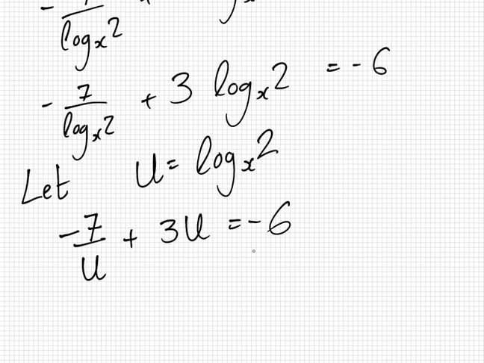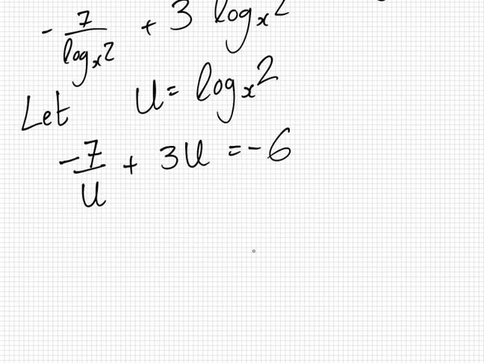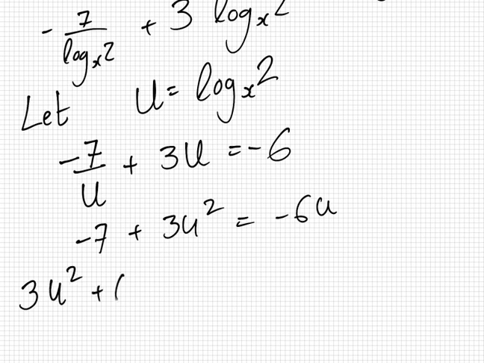This type of problem, we've seen something like it in a recent chapter. What should I do to try and simplify this? Multiply by u. So if I multiply by u, I get minus 7 plus 3u squared equals minus 6u. Well, what type is this? It's quadratic, isn't it? So I get 3u squared plus 6u minus 7 equals 0.